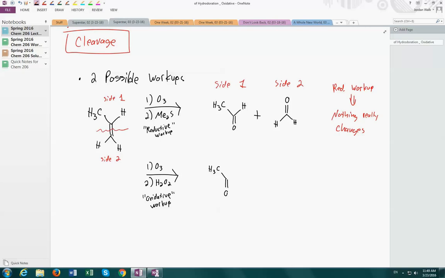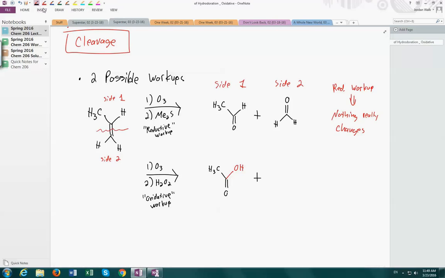But what about this hydrogen on the right? Yeah, absolutely. It's connected to our top carbon, and so what we see is it is now converted to an OH group. And that's pretty much the single difference between these 2 workups. So the reductive workup keeps it the same. The oxidative workup is going to switch it to an OH group.